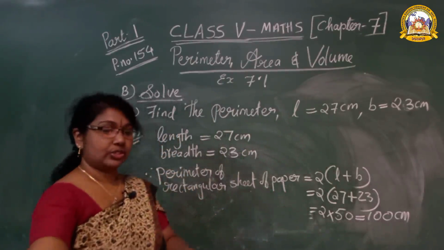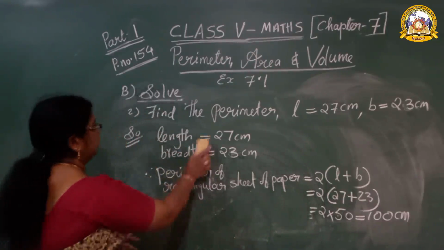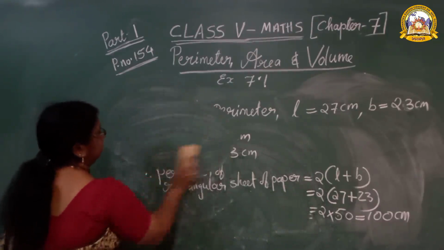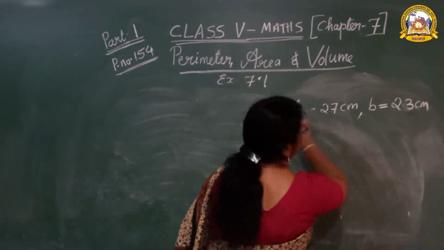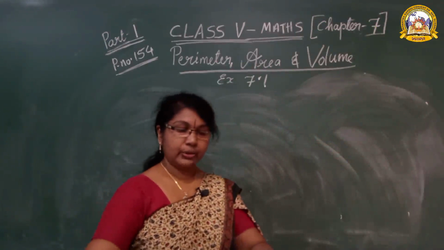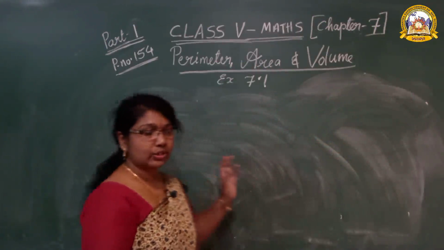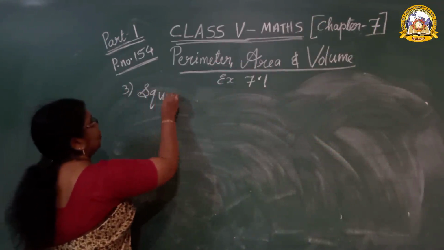Now look at the next question. Third question. Banu walks daily in a square park. What is the shape of the park?